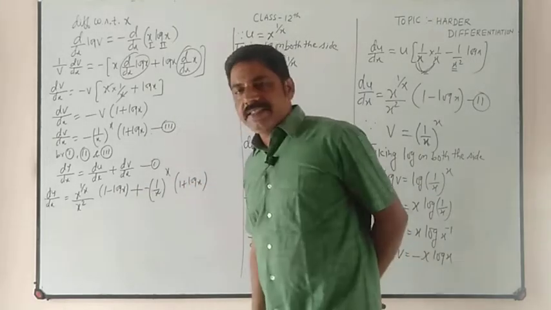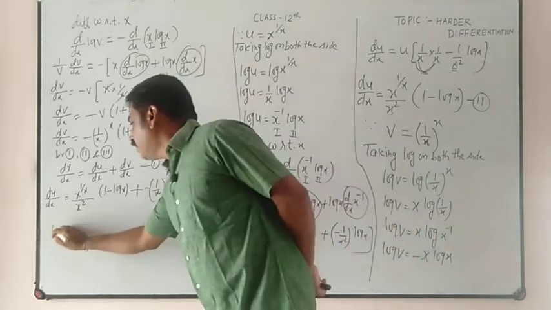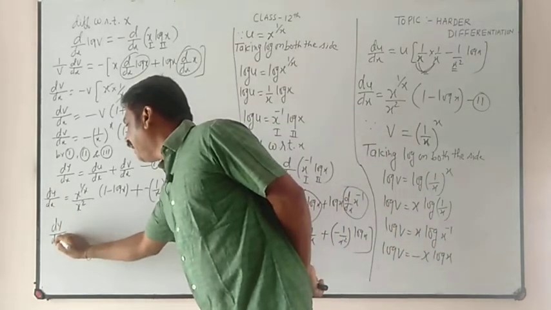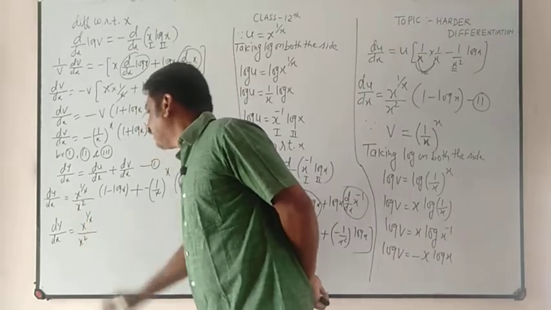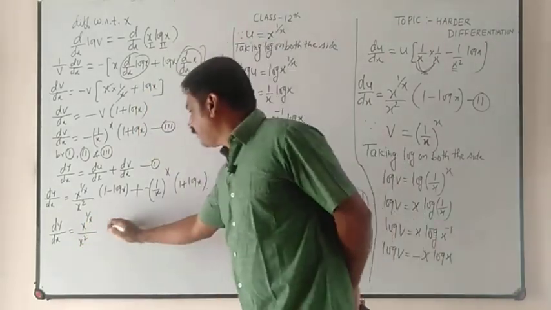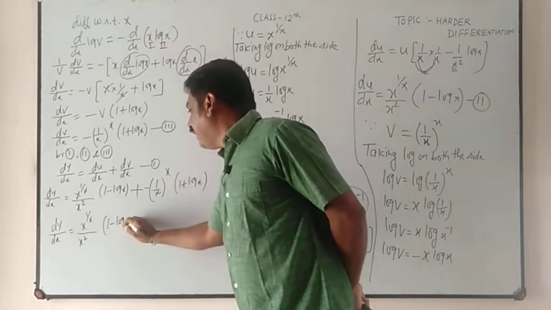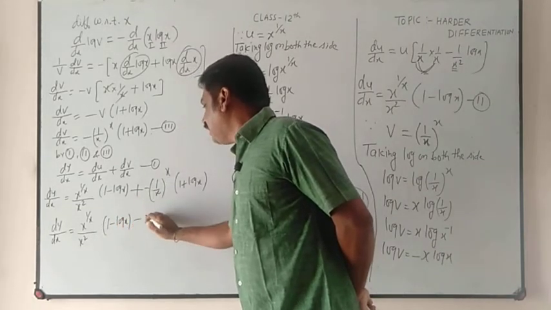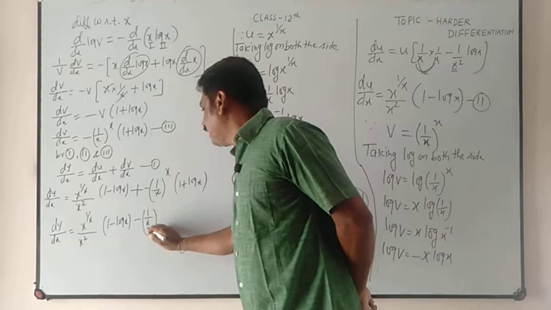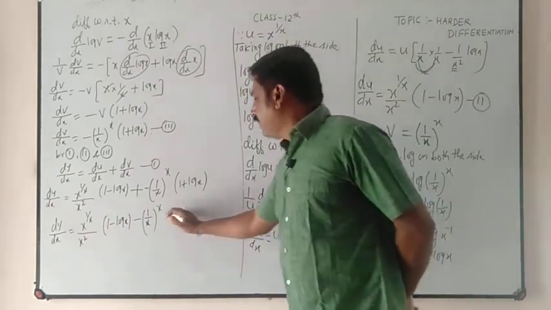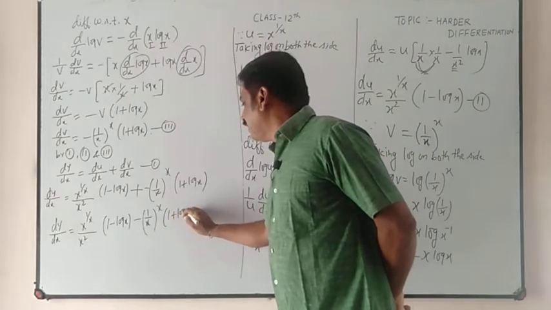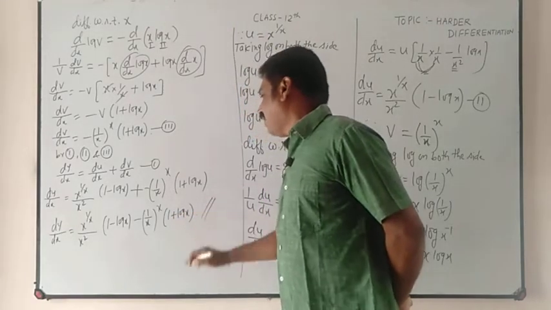Now plus minus minus, so dy by dx is equal to x raised to 1 upon x square, 1 minus log x, minus 1 upon x raised to x in bracket 1 plus log x.